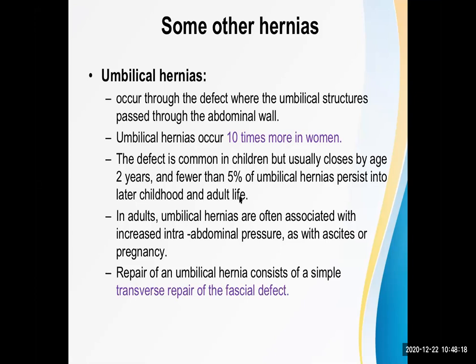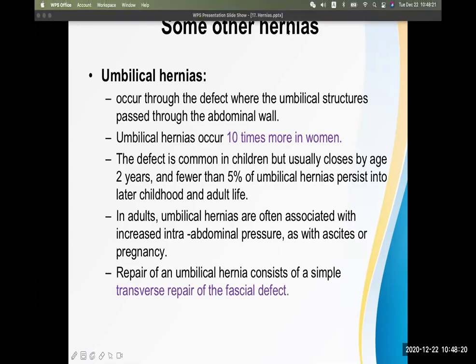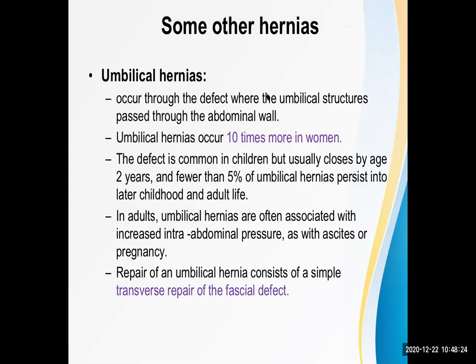But later on, that bulge will disappear on its own. But sometimes it persists. In some conditions like Down syndrome, there is umbilical hernia, and it is considered one of the clinical features of Down syndrome. It occurs probably because of a very floppy anterior abdominal wall musculature.